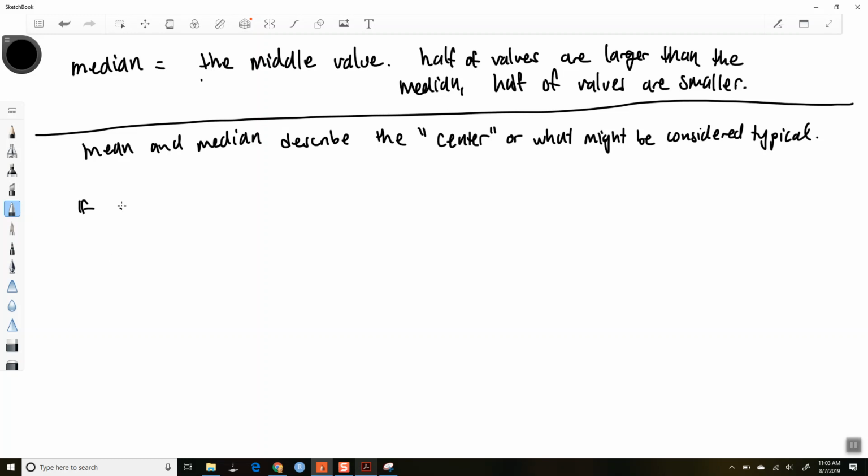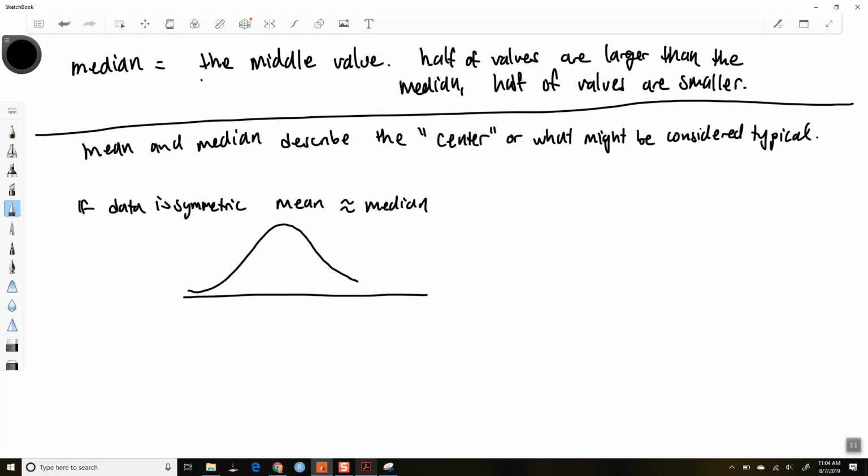If the data is symmetric, the mean will be very similar to the median. So if you've got symmetric data, the mean is going to be the balance point, and then we also ask where 50% is greater and 50% is lower.